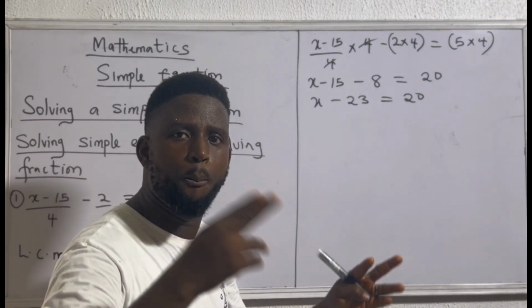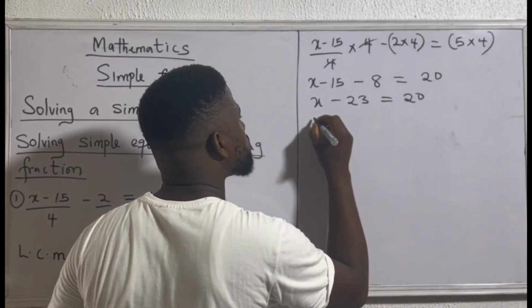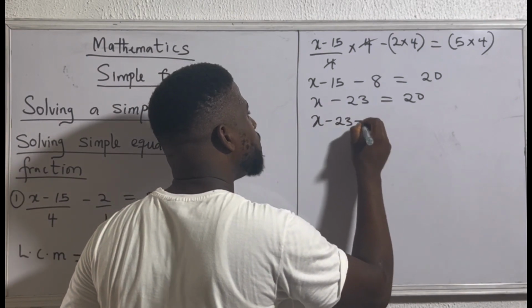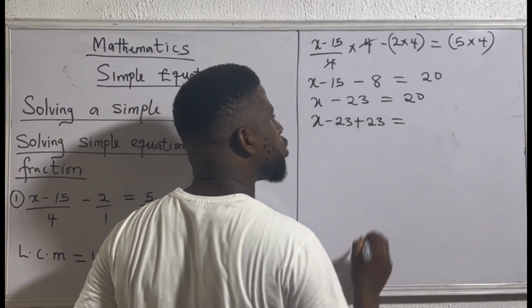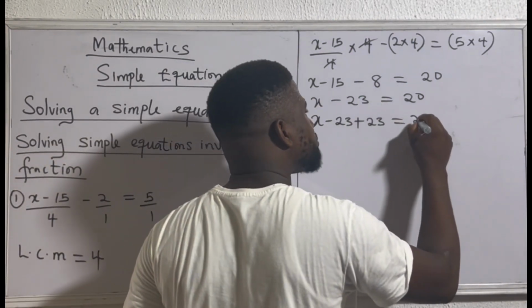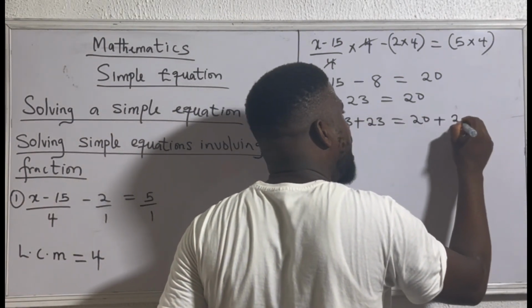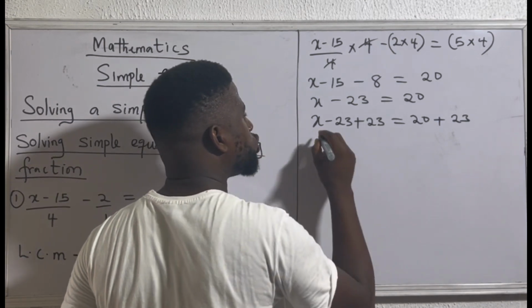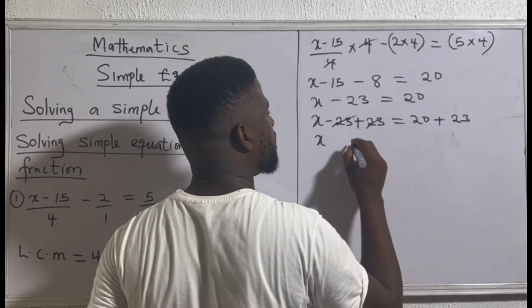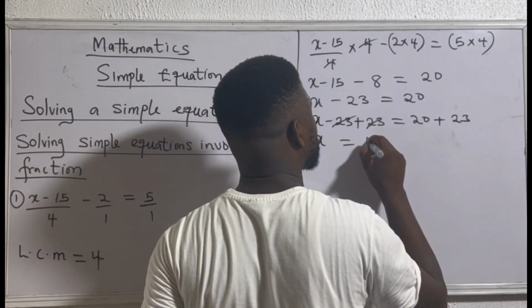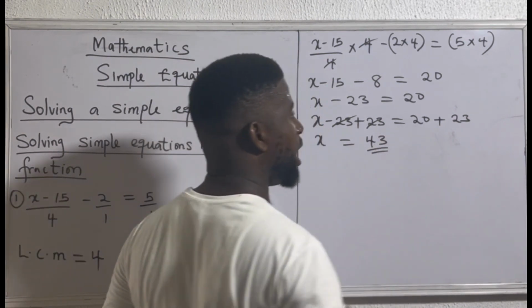And that is what? Plus 23. So that gives us x minus 23 plus 23 equal. Now, remember, since we have added 23 on the left hand side, we must also add 23 on the right hand side. So we have x, this we cancel this, equal 20 plus 23, 43. And that is our answer.